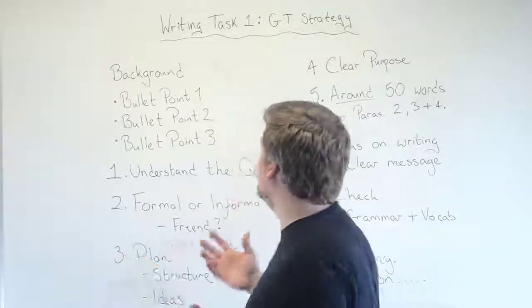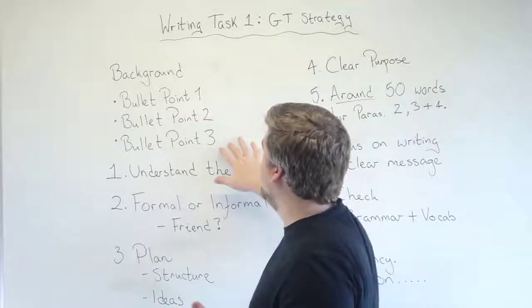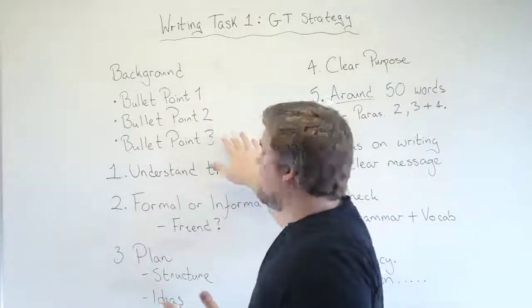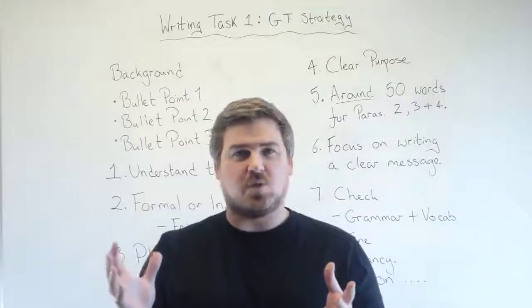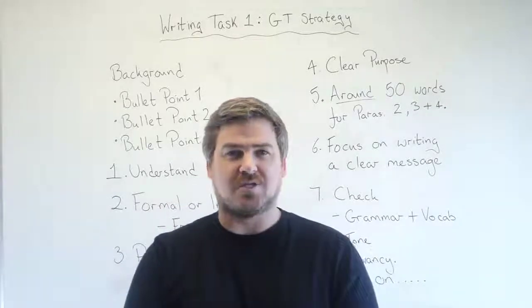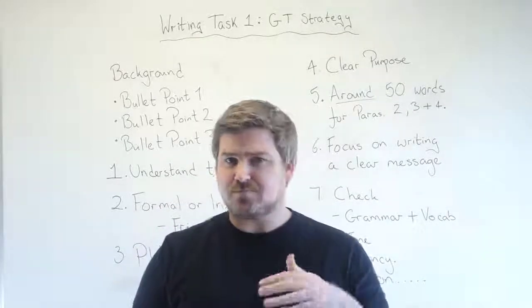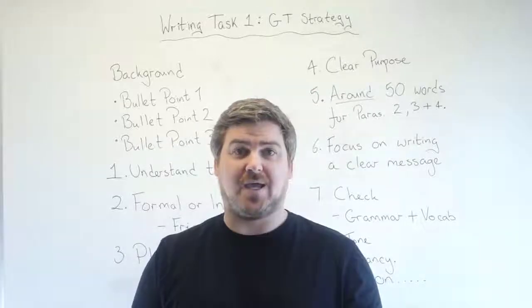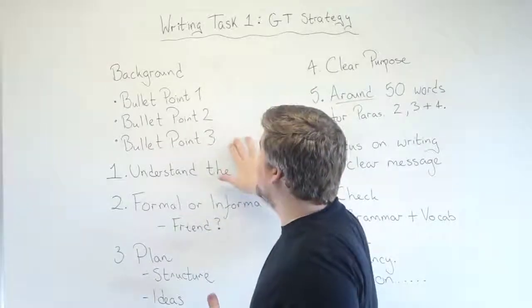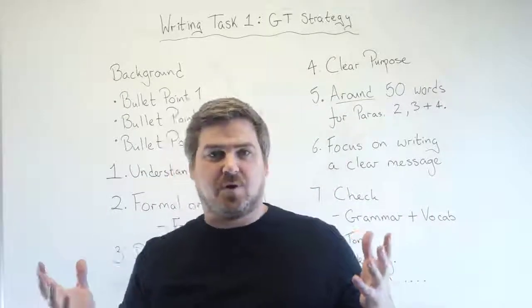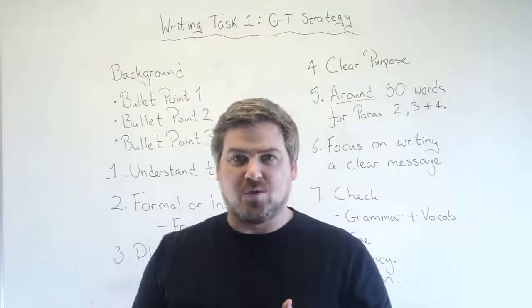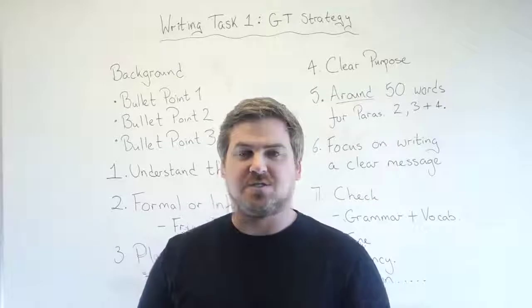Right, so first thing is just a little bit of information about what to expect. If you're not sure what you're going to get on the general training task 1 paper, just Google it, have a look, and you're going to be getting basically this format. Background information, so they'll give you some information about what is happening, who they want you to write to, and the situation that you're in.